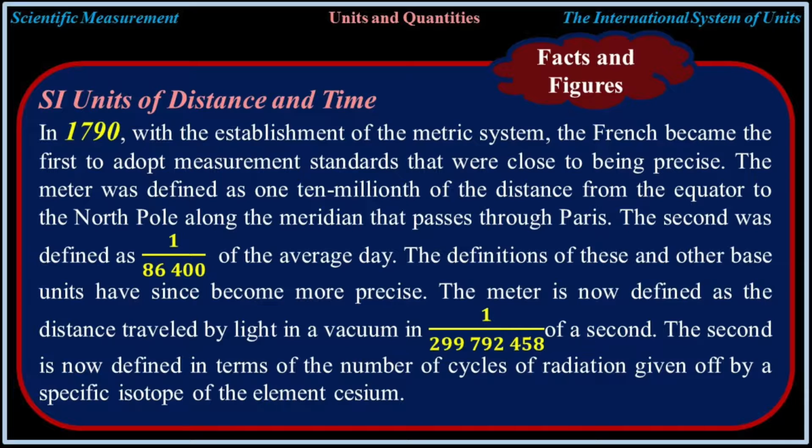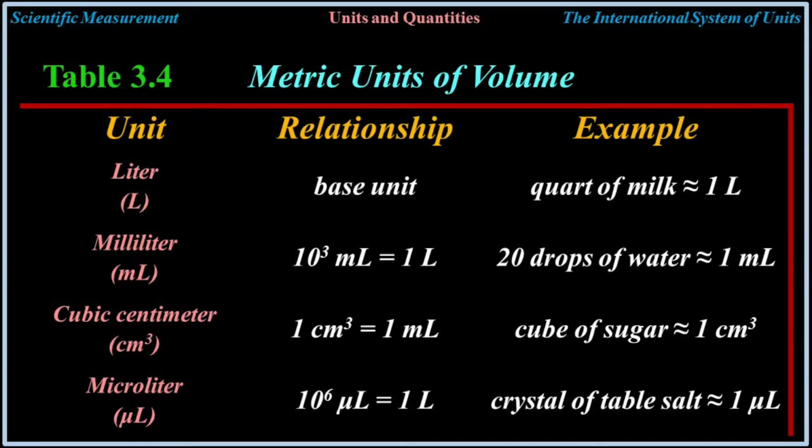The definitions of these and other base units have since become more precise. The meter is now defined as the distance traveled by light in a vacuum in 1/299,792,458 of a second. The second is now defined in terms of the number of cycles of radiation given off by a specific isotope of the element cesium.